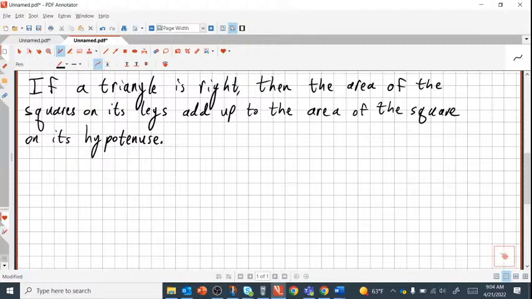That's the Pythagorean theorem, and it is true. The Pythagorean theorem is true. We can prove it. Now, it turns out that the converse of the Pythagorean theorem is also true.